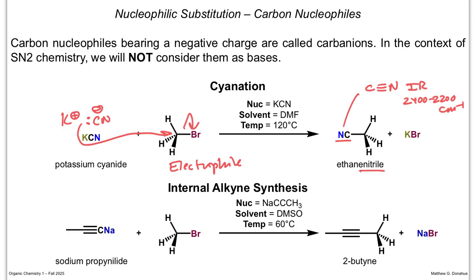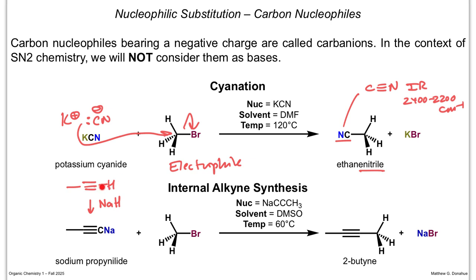So from cyanide, the next nucleophile we're going to look at is synthesized from a terminal alkyne. When we were learning about pKa and the hybridization effect on carbon-hydrogen bonds, we saw that sp hybridized C-H bonds were the most acidic of that trend.